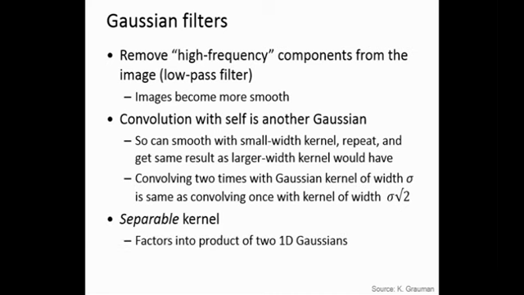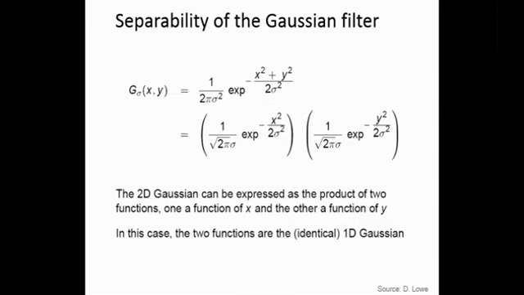And the Gaussian is separable, which means that you can factor it into the product of two 1D Gaussians. Mathematically, you can see it from the function. This 2D function is 1 over 2 pi sigma squared times e to the negative blah, blah.